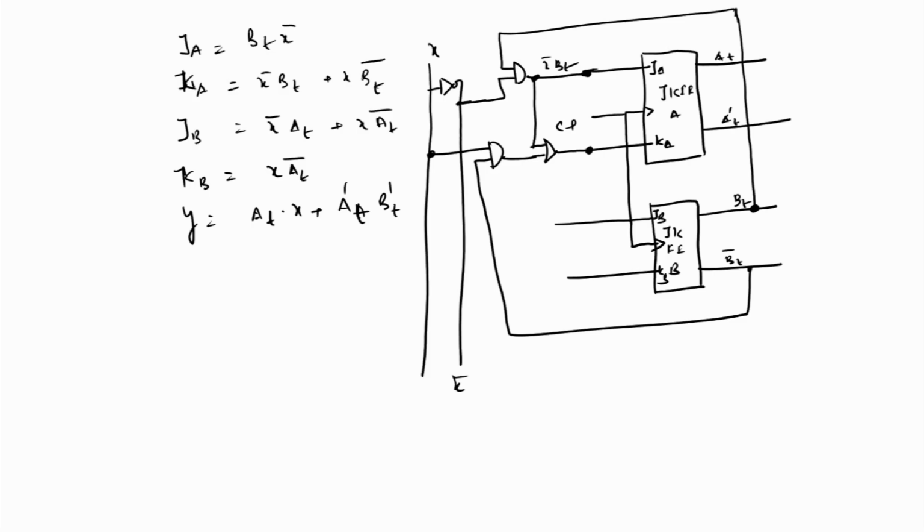Similarly, what is JB? JB is nothing but X complement AT. Here X complement is taken from here, AT is taken from here, and then simply combine both by one AND gate.